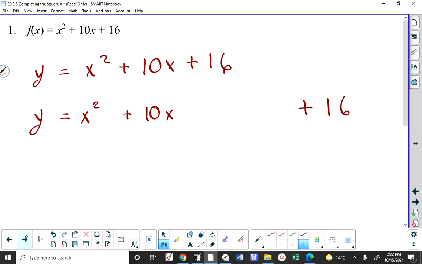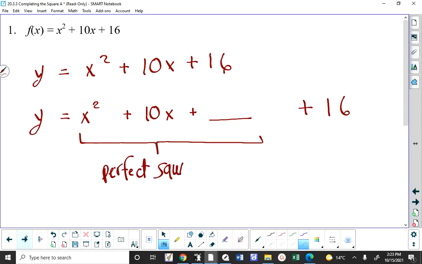And I'm going to ask myself, what number would I add here to make this a perfect square? I want this to become a perfect square trinomial. There's a number that will do it. How many of you know what the number is?